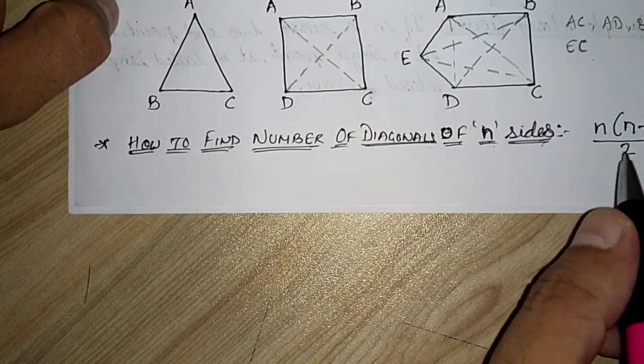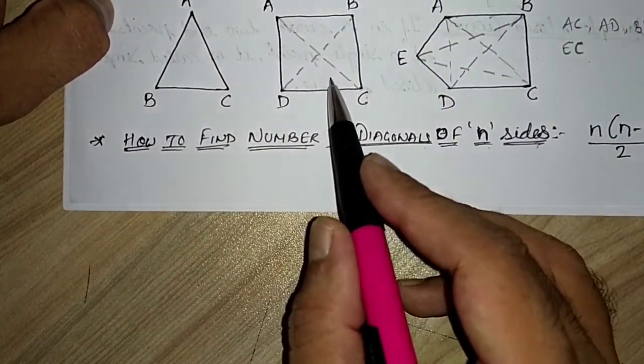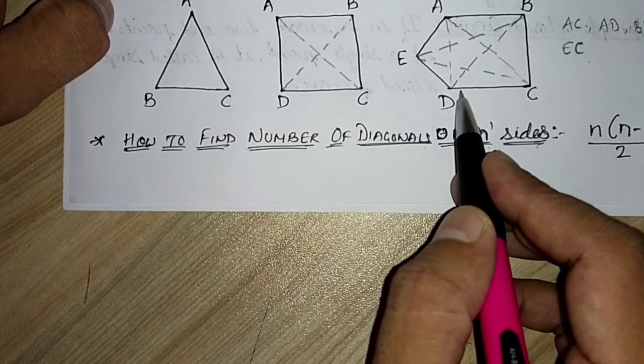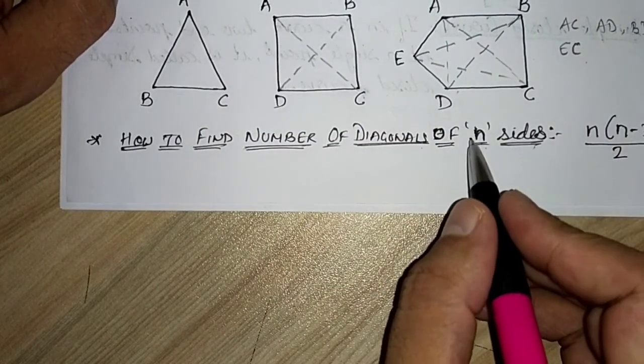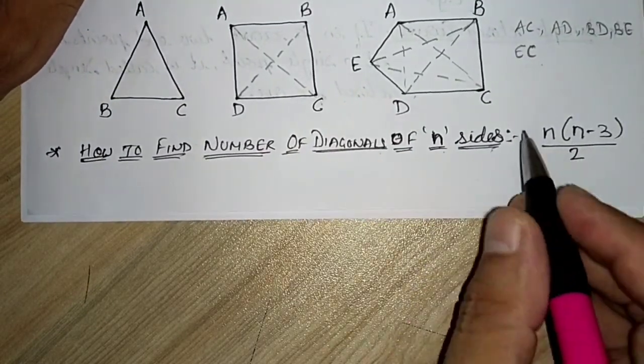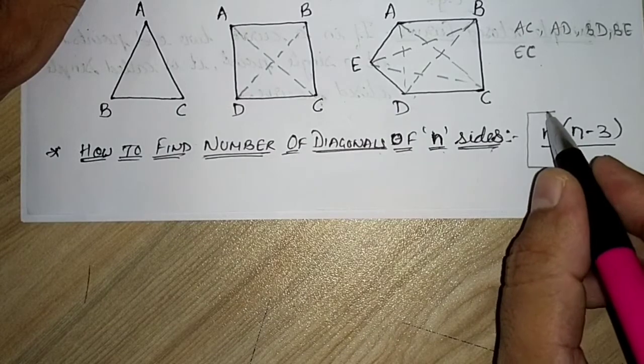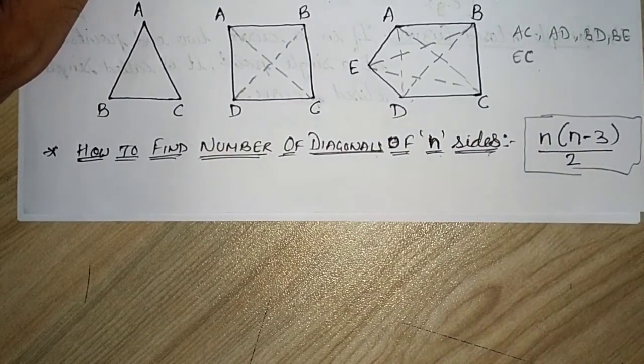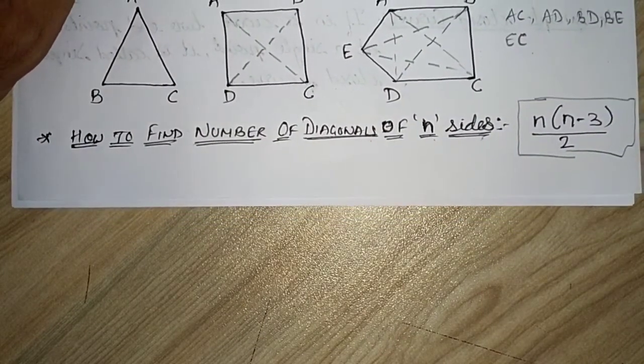I have shown you 3 is triangle, 4 is quadrilateral, 5 is pentagon, 6 is hexagon. If they have given you the number of sides, how can you find the number of diagonals? For that, the formula is n multiplied by n minus 3 divided by 2.